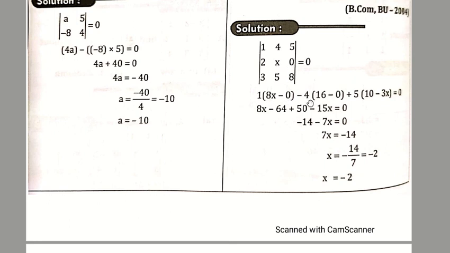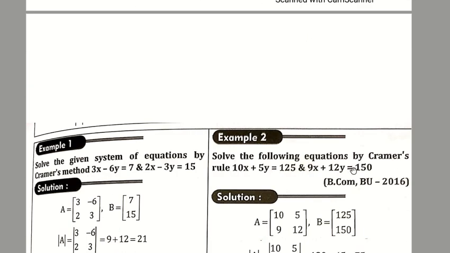So 8x minus 0 minus 4 into 2 into 8, 16, 0 into 3, 0, plus 5 into 2 into 5, 10, x into 3, minus 3x, which is equal to 0. So when you multiply it, 8x minus 64 plus 50 minus 15x is equal to 0. So minus 14 minus 7x is equal to 0. 7x is equal to 14 divided by 7, therefore the value of x is minus 2.